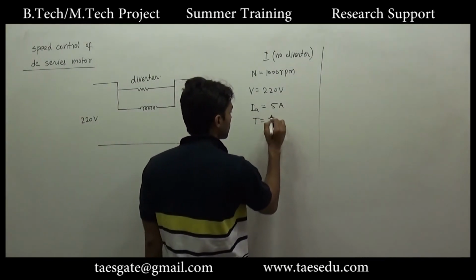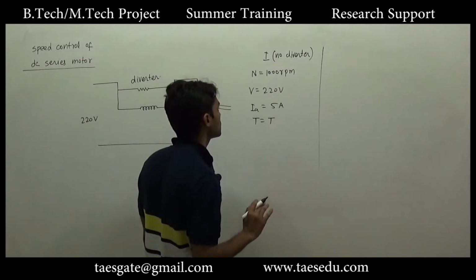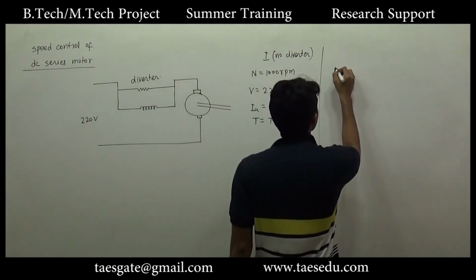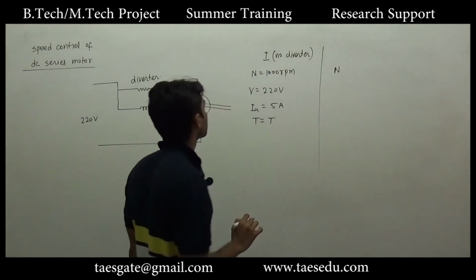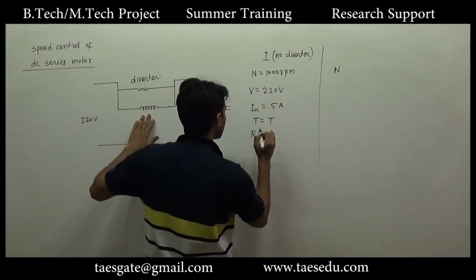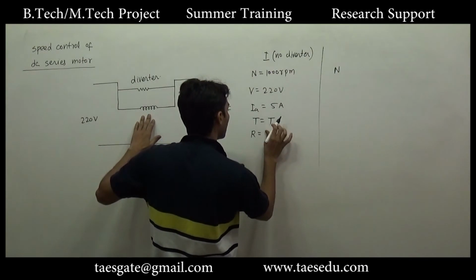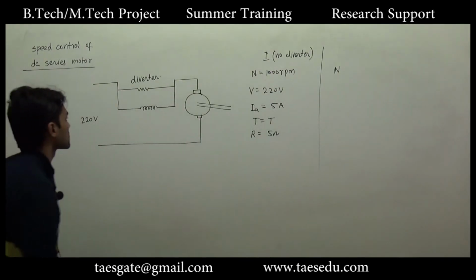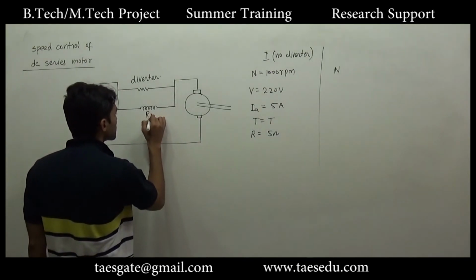We are using the diverter only, the load torque has not been changed. In the next case, we have total resistance equal to, this is field resistance.